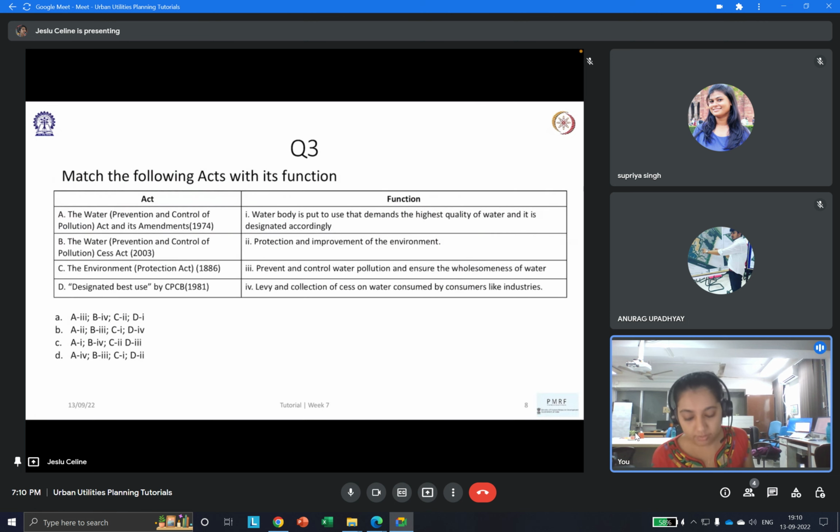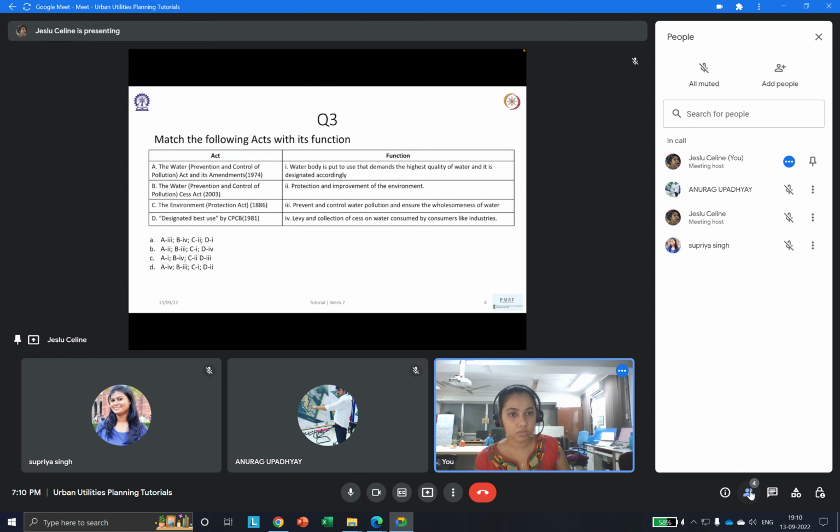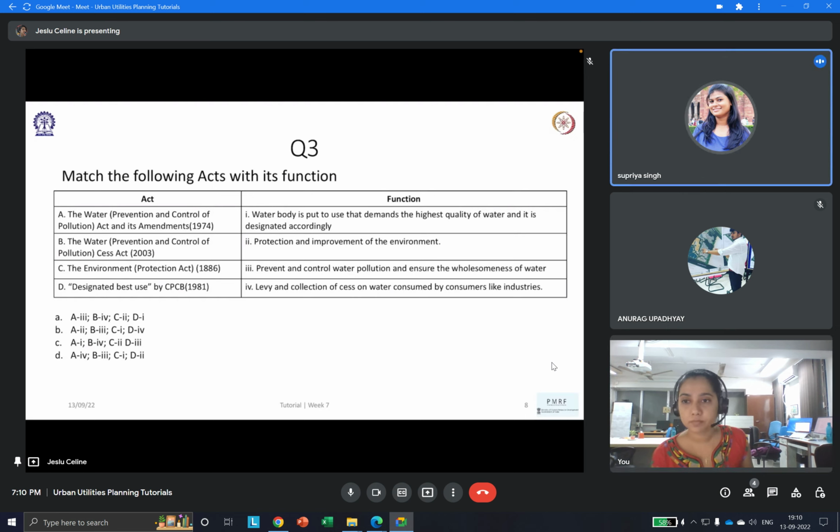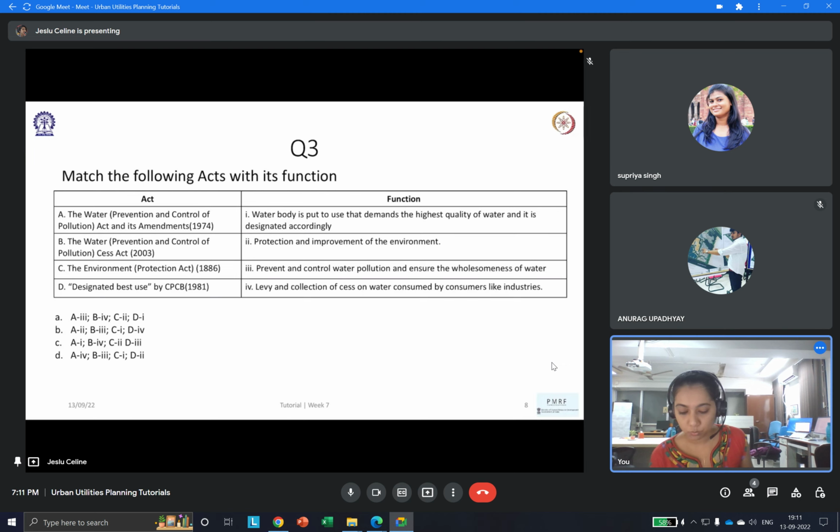Match the following acts with their function. I think the third participant has not joined. No, okay, so it's just two of you. Fine. Supriya, do you want to take up this question? Yes. The Water Act and its amendment, Prevention and Control of Pollution, which will that be?